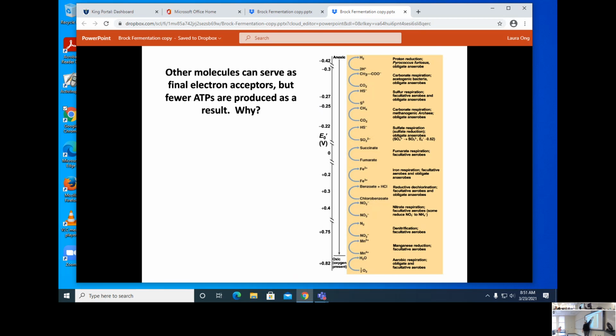This one is the oldest and the wimpiest in terms of ATP production. If you're just producing hydrogen gas as your waste product, that's just kind of barely getting by energetically. Last thing I'll mention about this before the break is that the ones up here that are kind of wimpy are mostly done by the obligate anaerobes that can't even deal with oxygen anyway.